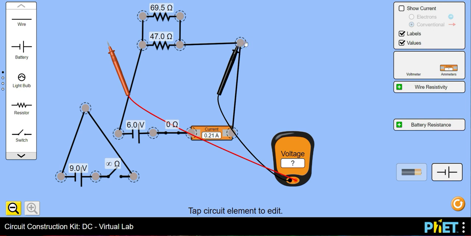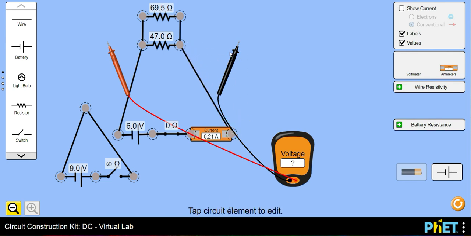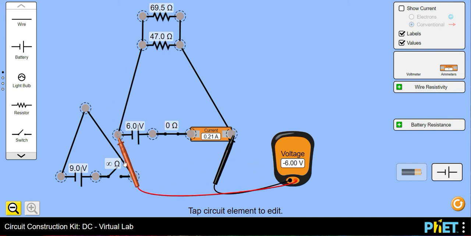Well, you know what? Let me get rid of this too. In fact, let me delete this wire. Connect this one. And now I can go here, and I can go here, and I can get a voltage for my parallel circuit. Parallel circuit simply means there is a junction.